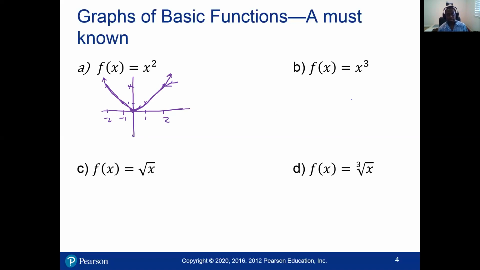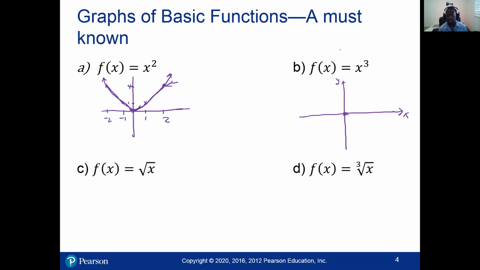Now, the second one is a cubic function. Okay, let me erase there. I want this to be straight. So you have a cubic function, and you have the x-axis, and this is your y. Now we know that if x is 0, y is also going to be 0.